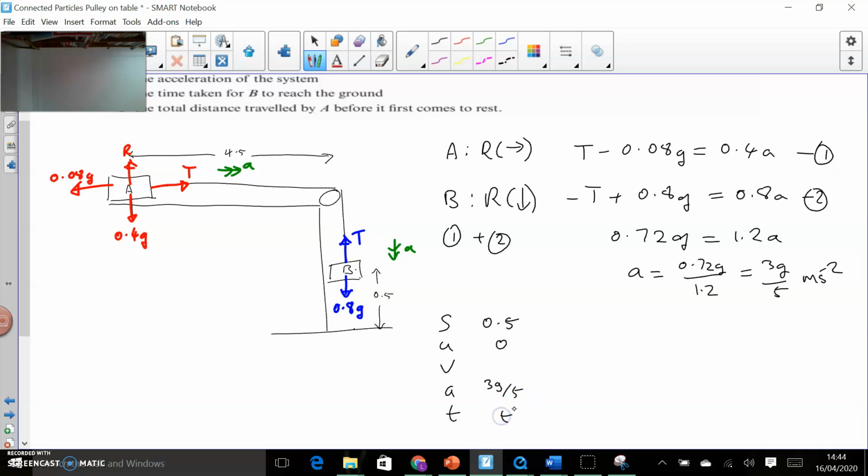And t is what we've got to find. So we need to use the equation that doesn't have v in it, which of course is s equals ut plus a half at squared. Substituting the values, 0.5 equals 0 plus a half times 3g over 5 t squared.